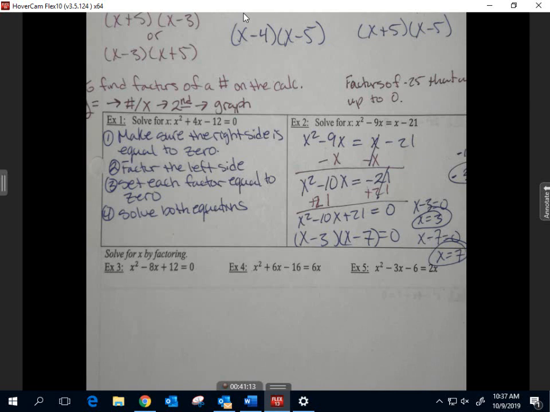Now, tell me something. Does 1 minus 16 equal 0? So you look at the factors of negative 16. You gotta factor like you did in this one.